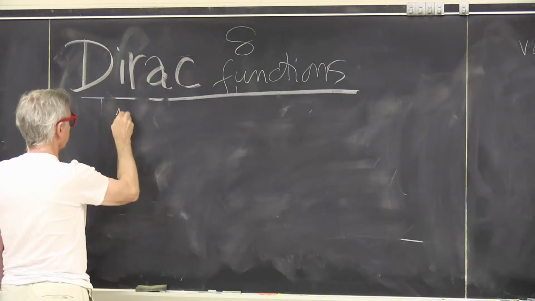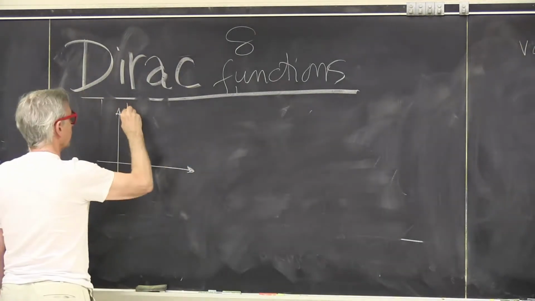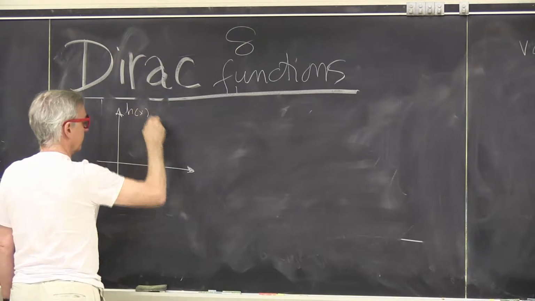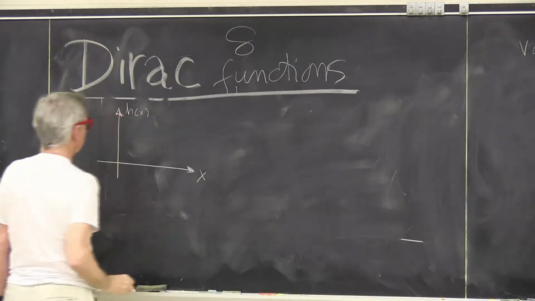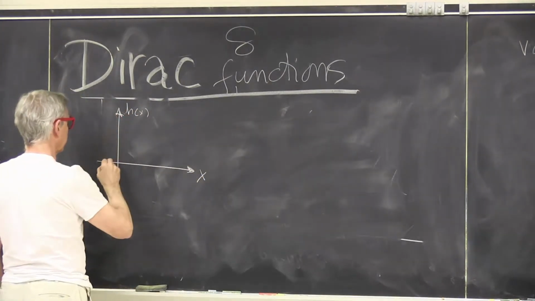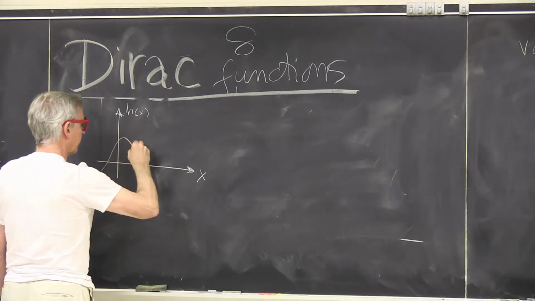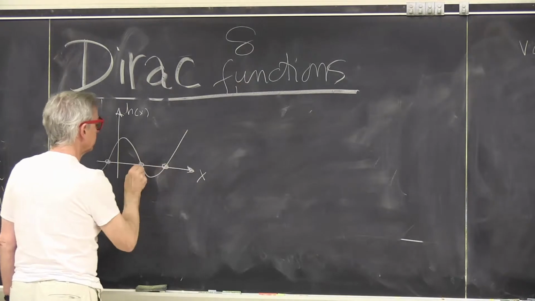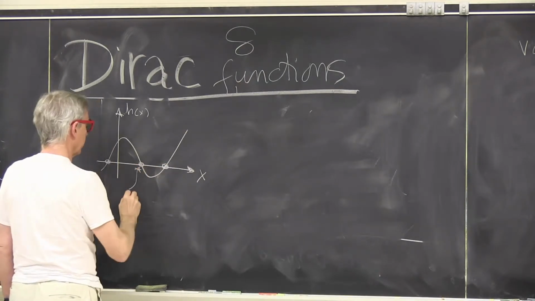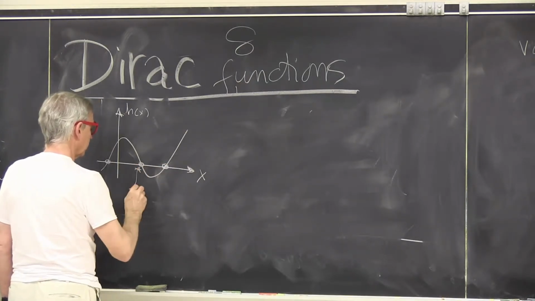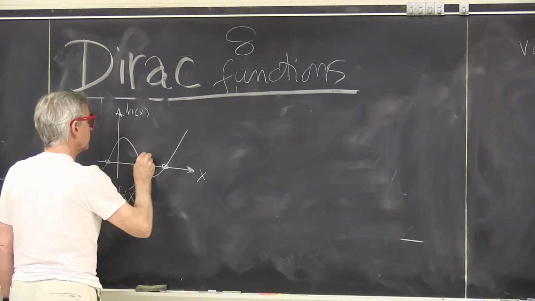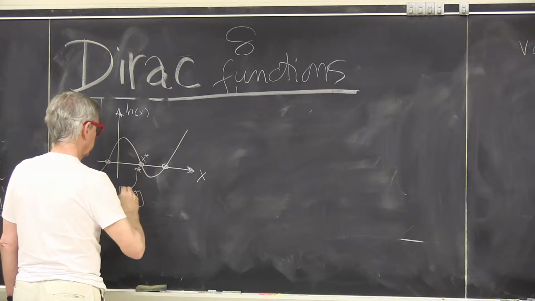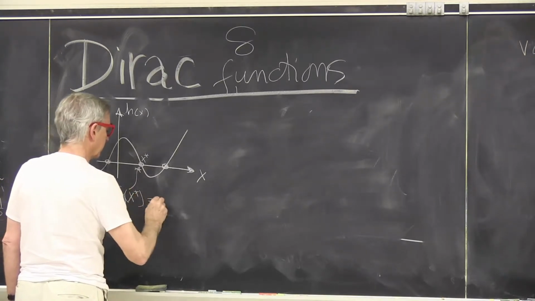Imagine that you have a function h of x, where this is x. And that function does whatever it does, but every so often it crosses 0. And let's concentrate on these crossings. So h evaluated at x star is 0.